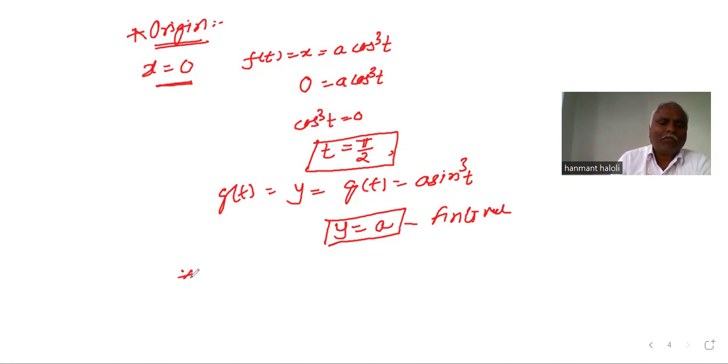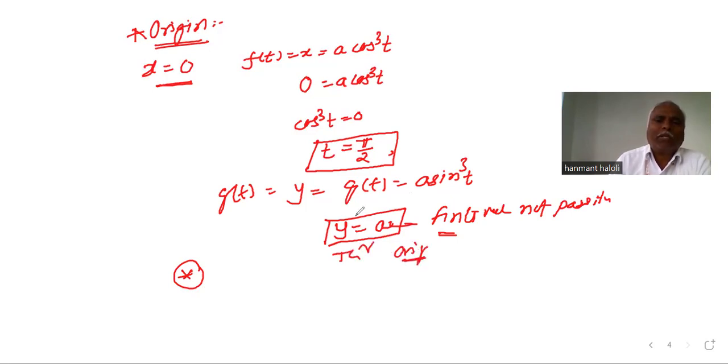Here, y is not 0. Therefore the curve is not passing through the origin. Why?